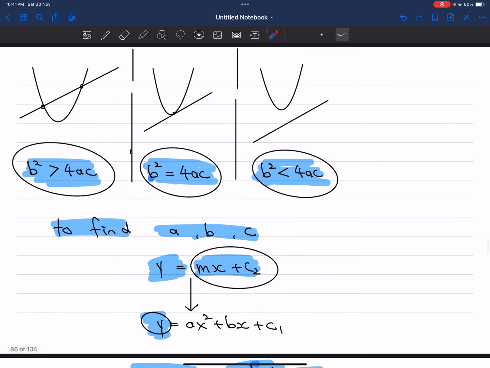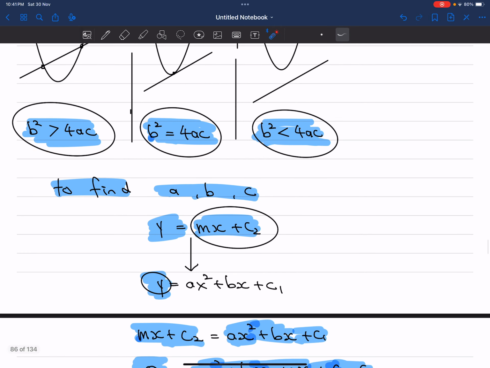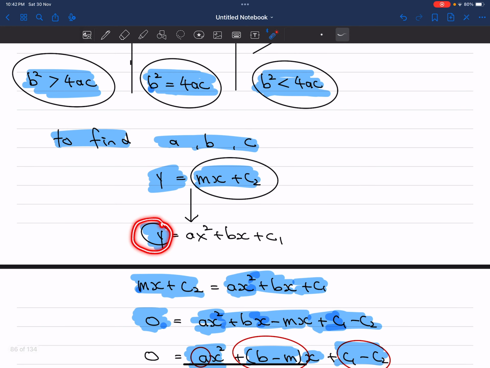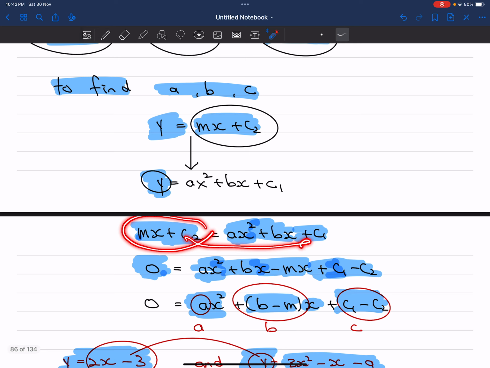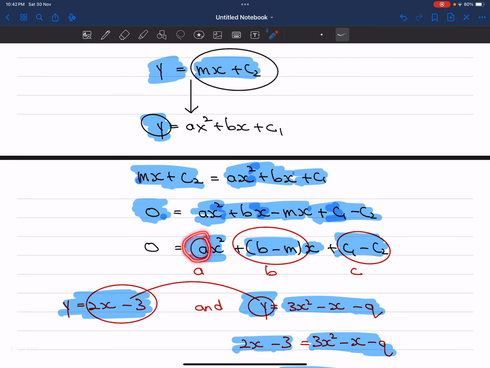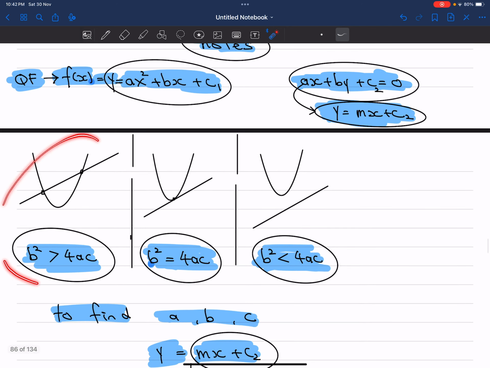And the main story is, to find the a, b, c, you must take the y of the straight line, put it inside the y of the quadratic function, transfer everything so that one of the sides is 0, simplify, and then in front of x squared is a, in front of the x is b, and the last number is c. So you take the a, b, c, and you substitute according to the situation. Whether it intersects at 2 points, this; intersects at 1 point, this; does not intersect, this.